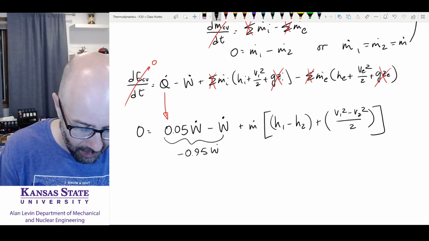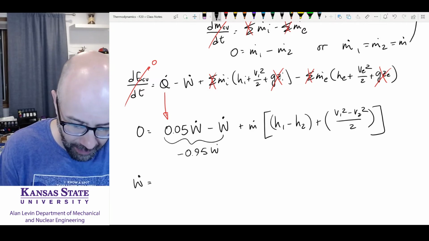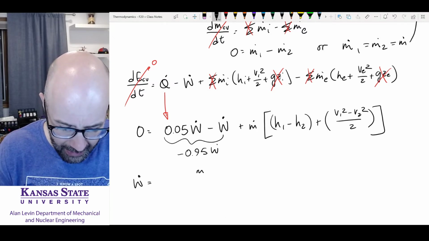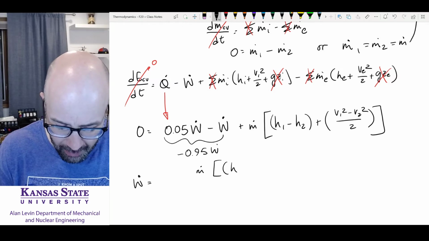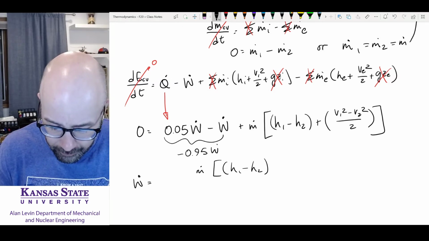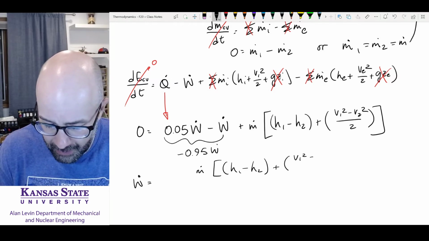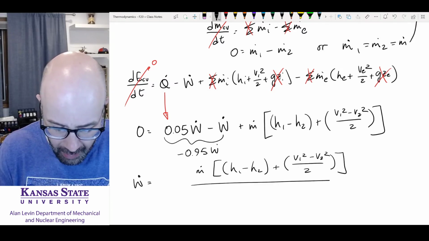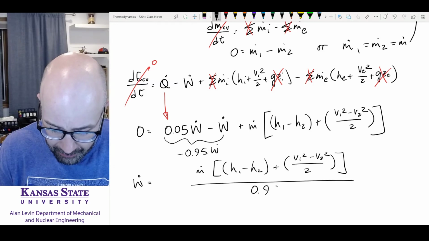Or I can do this as W dot is going to be equal to, if I move this to the other side of the equation, mass flow rate times h1 minus h2 plus v1 squared minus v2 squared all over 2. And I'm going to divide this all by 0.95.